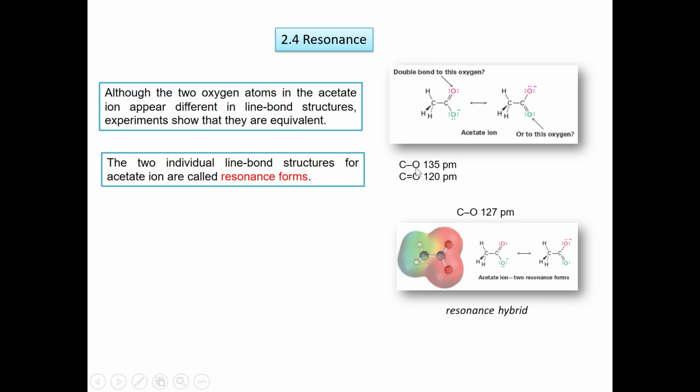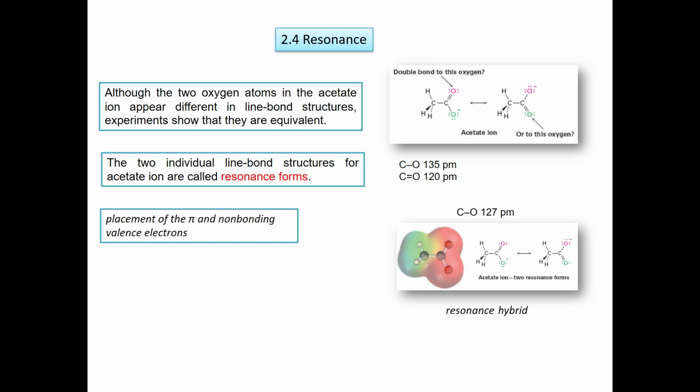A carbon single bond oxygen is around 135 pm, while a carbon double bond oxygen is around 120 pm. When we analyze this bond, what we see is that the CO bond is around 127 pm, more or less in the middle. What we see, as I told you, is an average of both resonance forms.